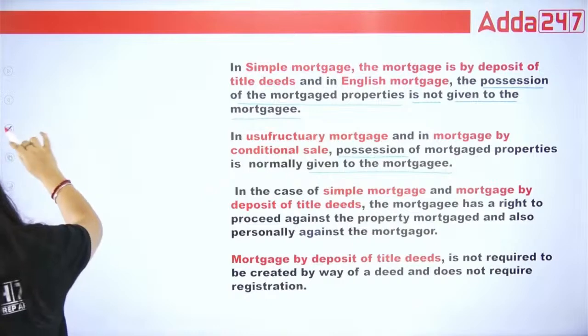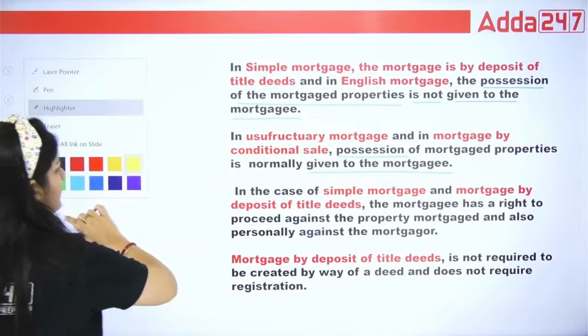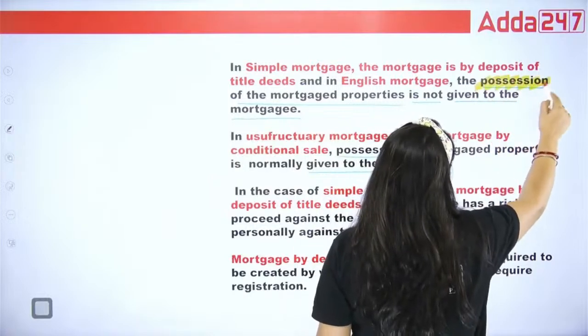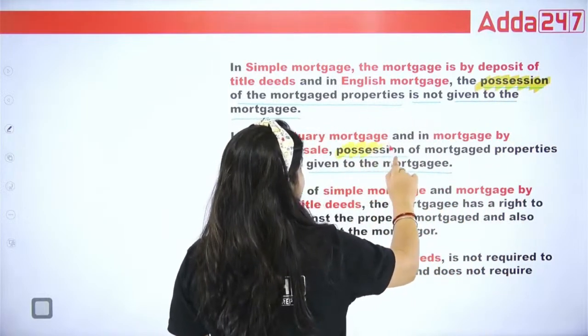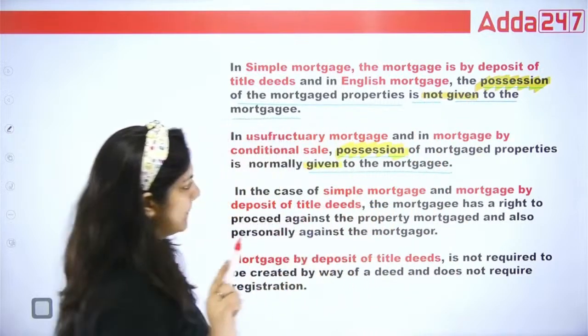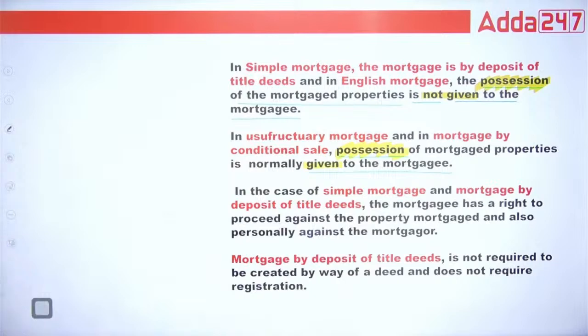So now see, if the word possession is there in these sentences, that is what we are talking about. In these, possession is not given; in these, it is given.